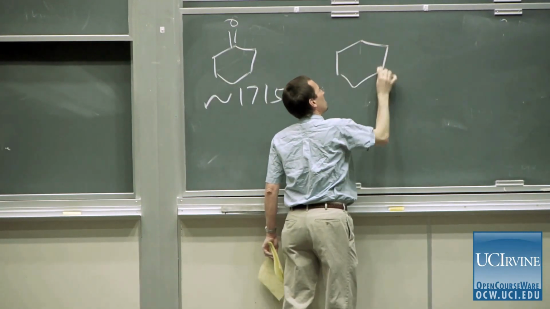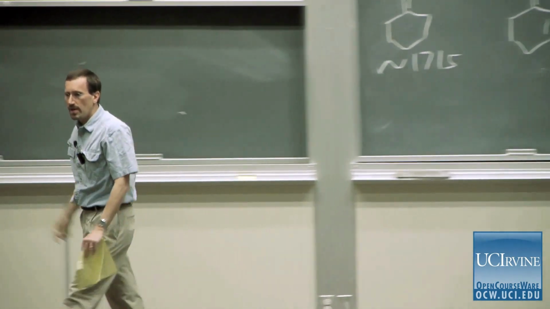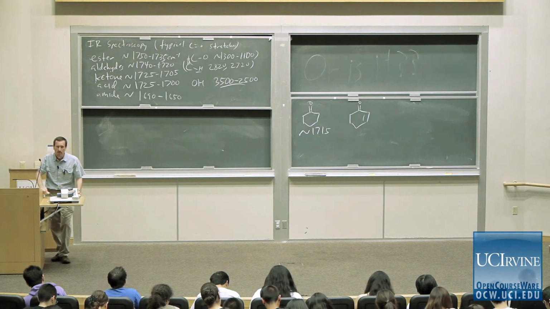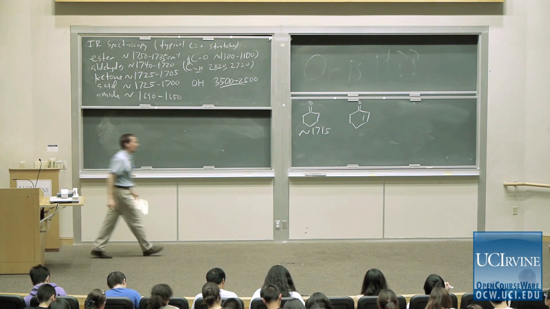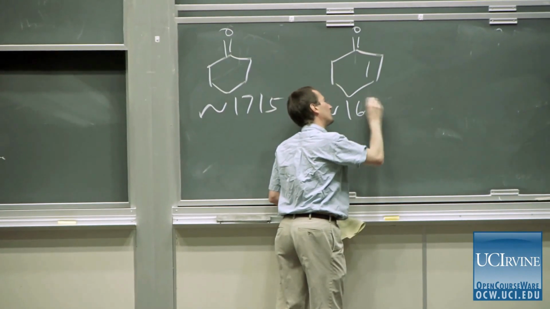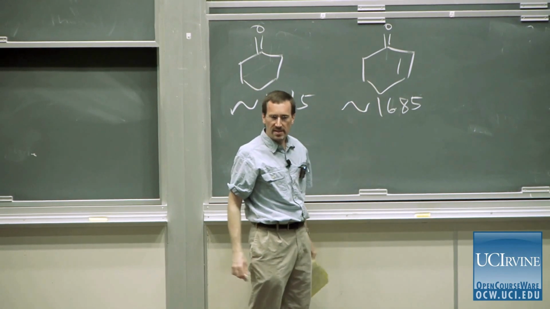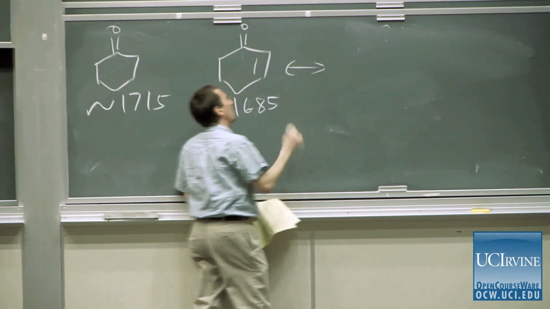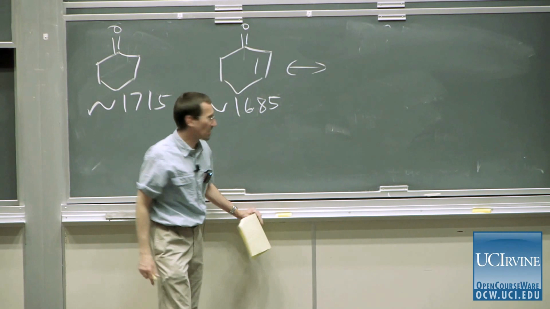If, on the other hand, you go to cyclohexenone, the conjugation of the double bond with the ketone weakens the CO stretch. It shifts it to lower frequency, to about 1685 wave numbers. We've already seen this in overviewing some of the chemistry of alpha, beta unsaturated carbonyl compounds when we were talking about cuprate chemistry, and we explained that there are many different resonance structures.